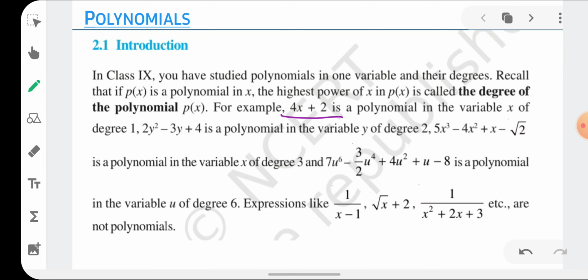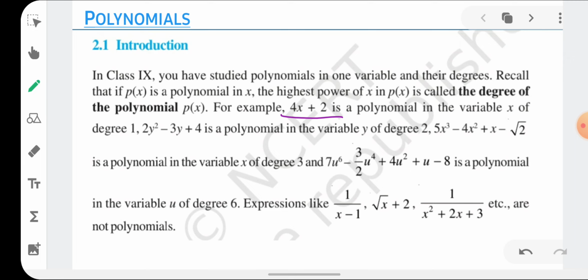Why is it a polynomial? Because a polynomial has terms. That's why it is called polynomial. Polynomial comes from poly, meaning many, and nomial, meaning term. It means many terms.